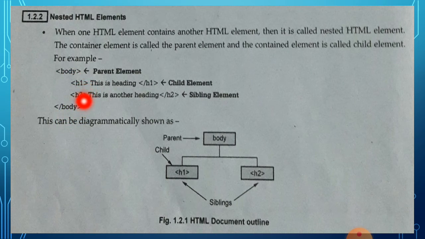Within that we also provide other HTML elements, that is heading H1 and another heading H2. The container element, that is the body element, is called the parent element, and the contained elements are called child elements. So in our example, body is the parent element and H1 and H2 are the child elements. These two are siblings.